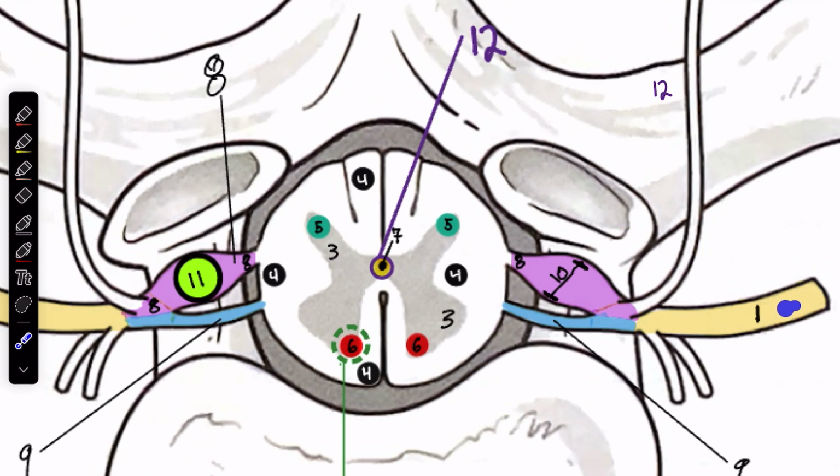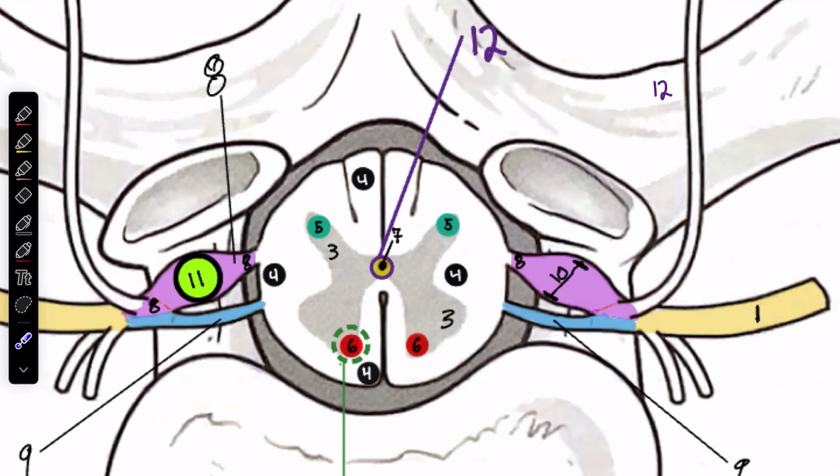This information is motor and sensory, and so you're going to get information coming in and coming out. That's what we're trying to show right here in the blue and the purple. But we'll come back to that. Two, body of the sternum. We've already talked about it.